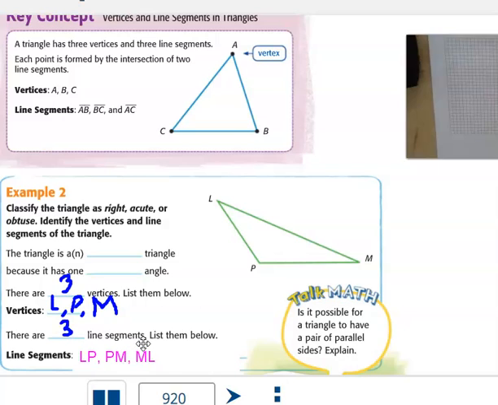And I would draw little lines across the top of those to make it more clear. Hopefully that makes sense. If you have any questions, review and go back and watch the video again.